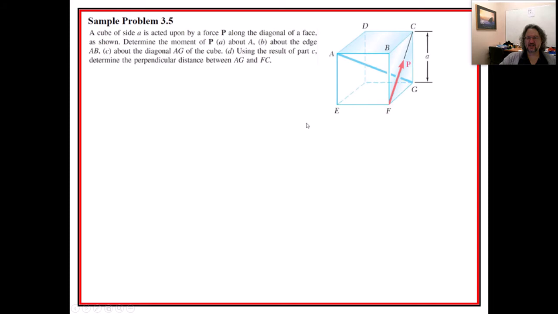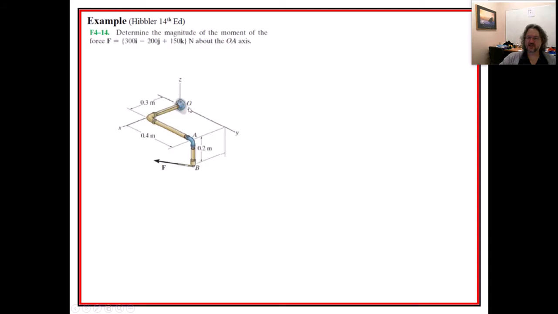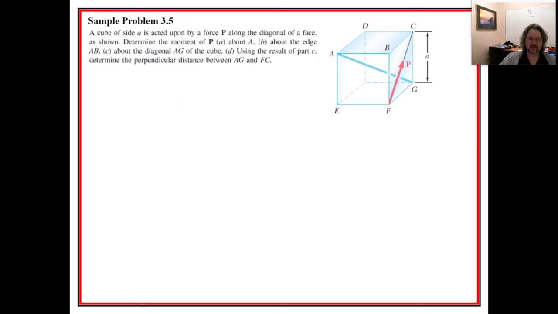So this is like an arbitrary one. This is the one that made a little more sense to me, if we wanted to find what this moment was going to do to try to twist the pipe and make the pipe loose. That was the one I preferred as an example. That's one reason why I picked it out.